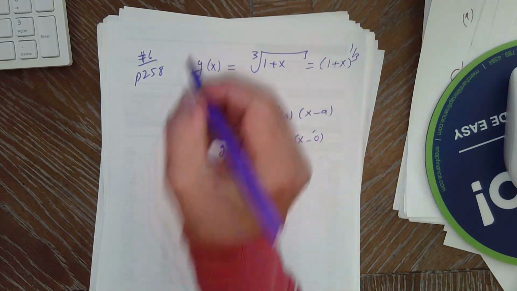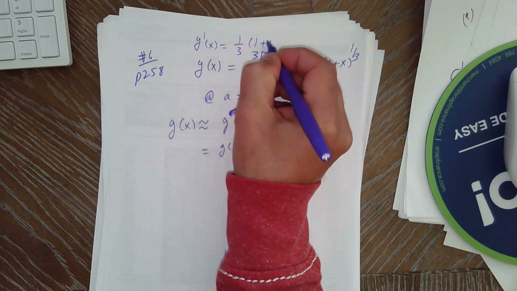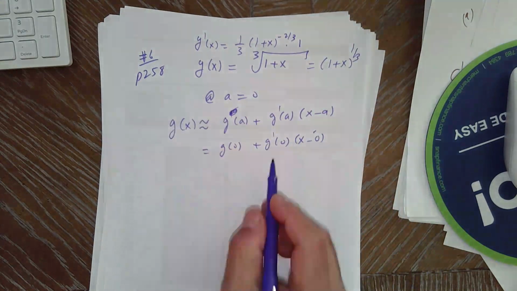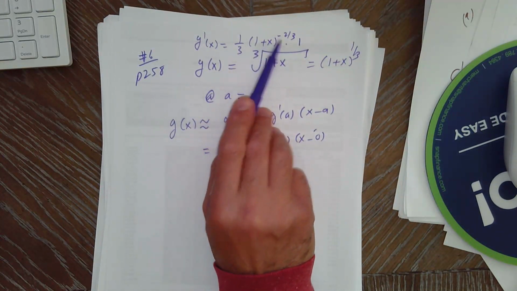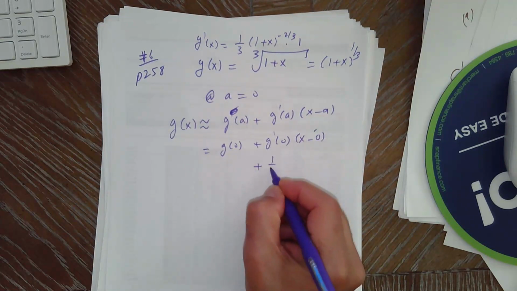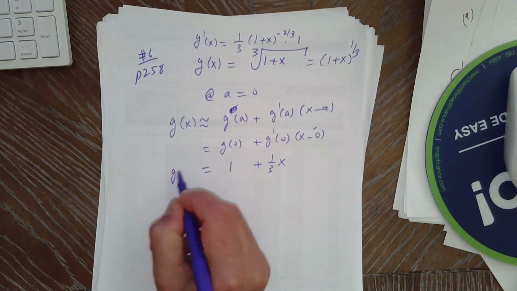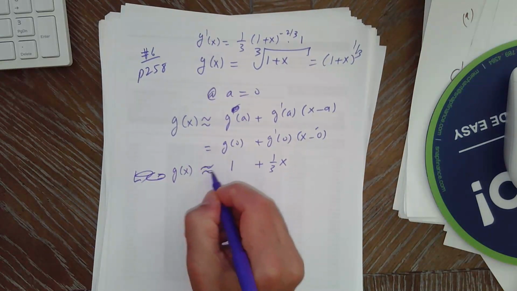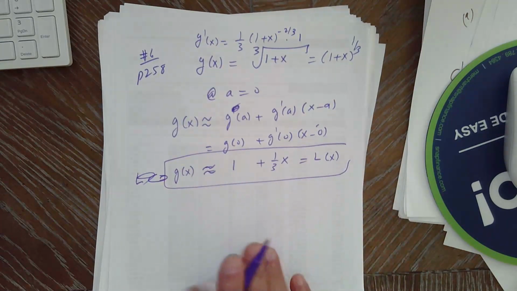So g prime of x is 1/3 times 1 plus x to the negative 2/3 times the derivative of 1 plus x, which is 1. So g prime at 0, if you put a 0 in there, you get 1 to any power is 1, times 1/3 is 1/3, and g of 0 is 1. So g of x is roughly this, and this is your L of x, the equation of the tangent line.